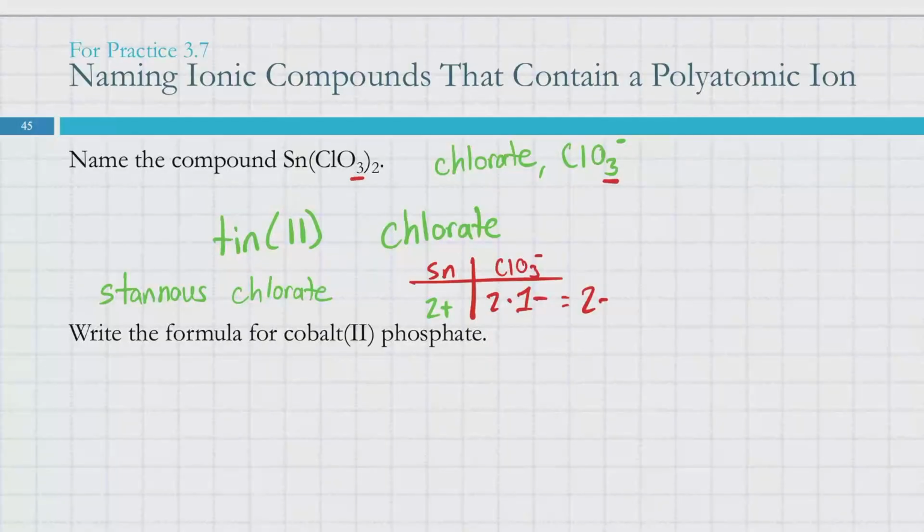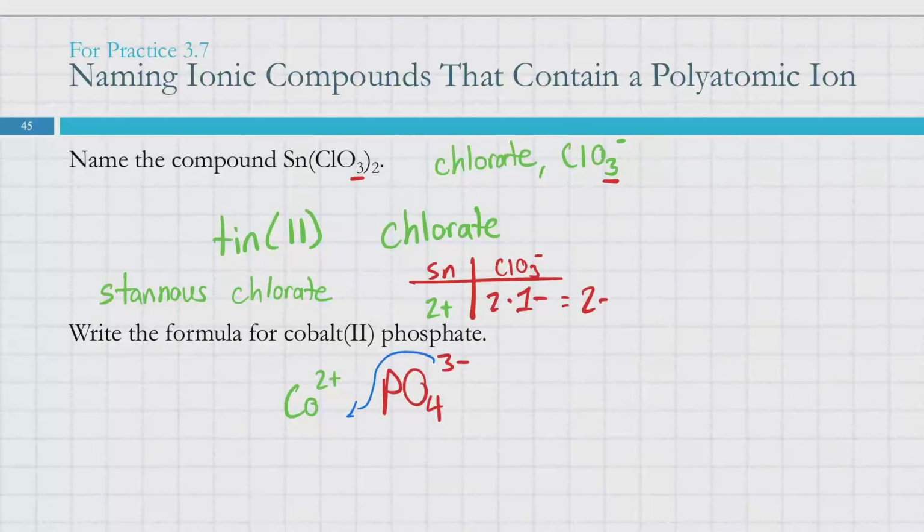All right, then we've got cobalt 2 phosphate. Cobalt 2, what's the symbol for cobalt? Co. What's the charge? 2 plus. Phosphate, the phos base tells us phosphorus, so we find phosphate on our green sheet. PO4 3 minus. That would also be the one that you'd memorize. PO4 3 minus is phosphate.